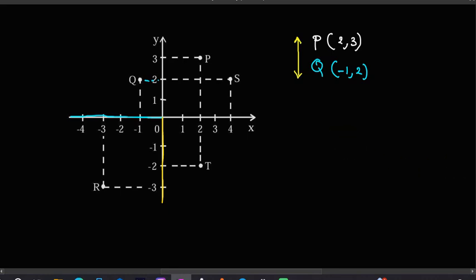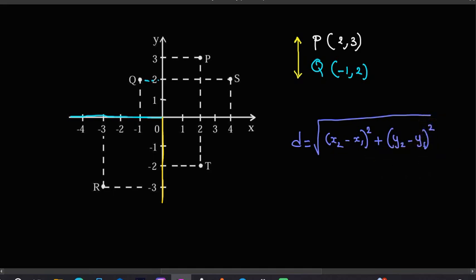We can just use square root over. So the distance between point P and point Q is given by (x2 minus x1) in brackets squared plus (y2 minus y1) squared.